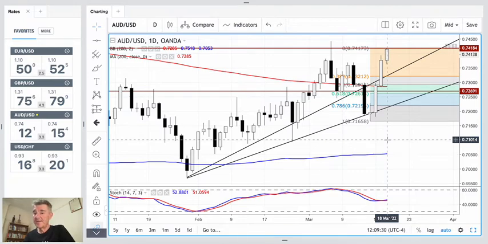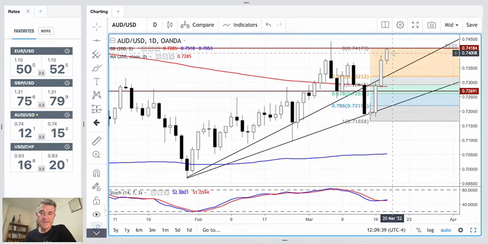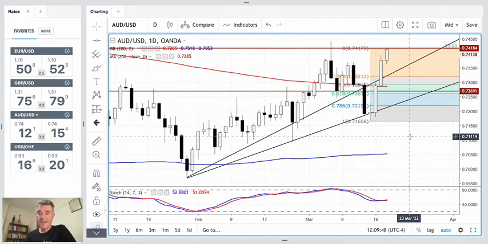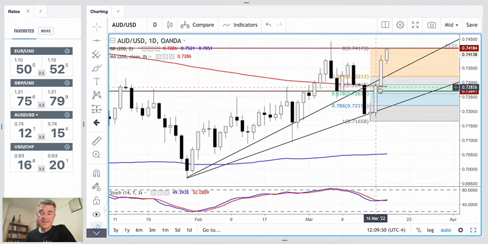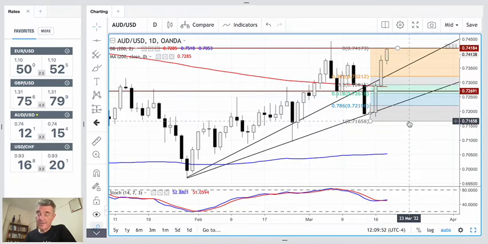These are what I term shaven head candles, and you'll see this in the training courses and sometimes I mention it in the videos as well. It means basically that these 3 days, the price has moved up without any retracement whatsoever. We saw that on the hour chart, and that's pretty unusual.